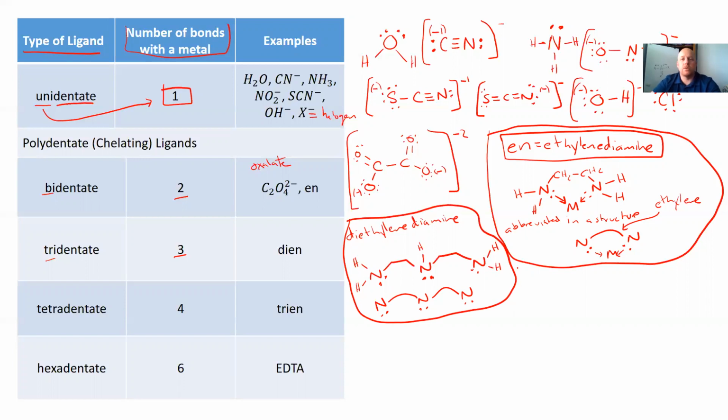Now, there are going to be some special rules for nomenclature because this can be a little bit confusing occasionally. The other one is trien, which would be triethylene tetramine. Okay, and so that one will have a structure more like this. This is sort of a more rare ligand.